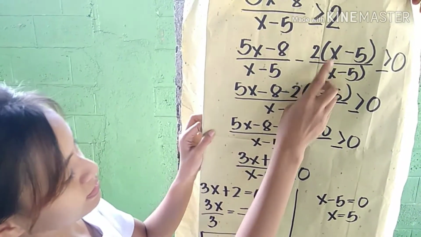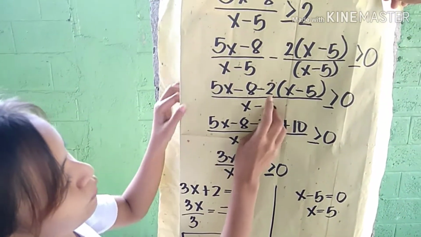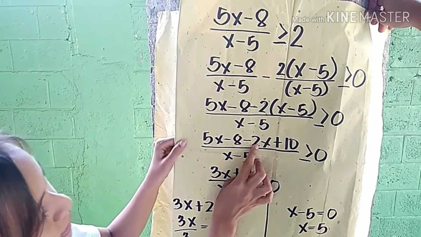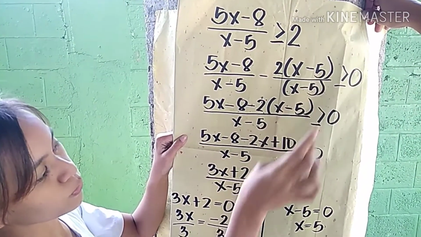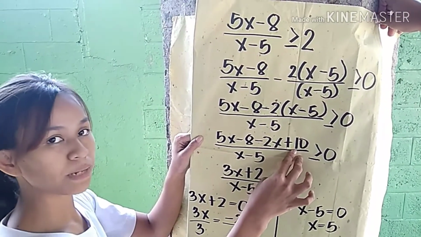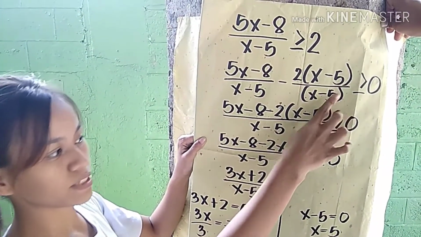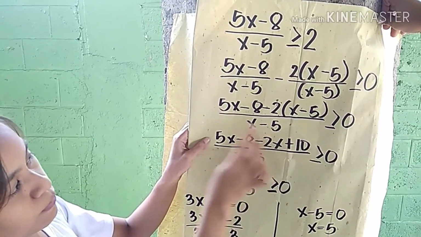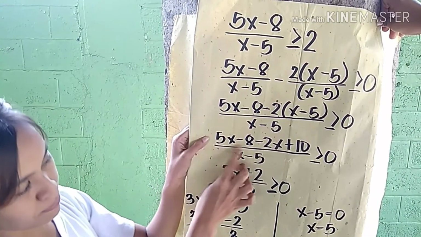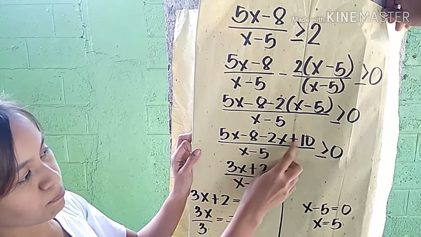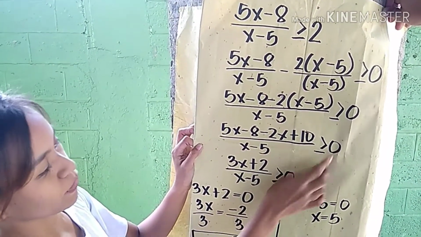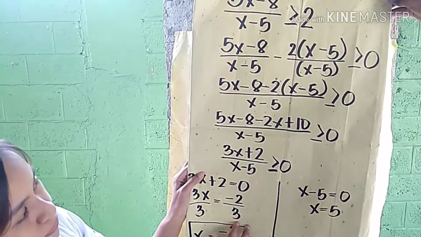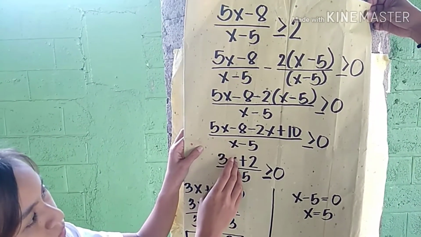So, the answer is negative 2x, and then negative 2 times negative 5 equals 10, because negative times negative is positive. So we just have to copy this: 5x minus 8 minus 2x plus 10 over x minus 5 greater than or equal to 0.